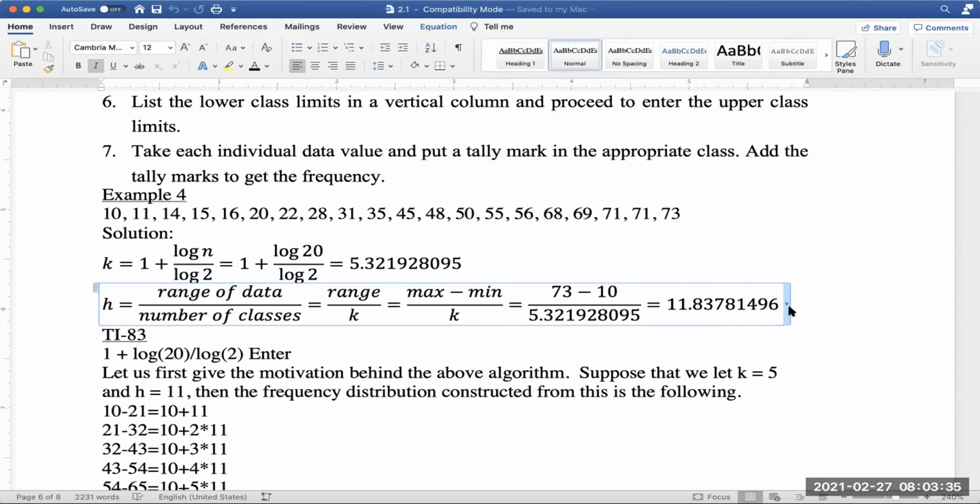The number of classes has to be a whole number value. Then the H here must have the same decimal place value as the data. And so the significant place value here was the ones place value. So this has to be the ones place value.